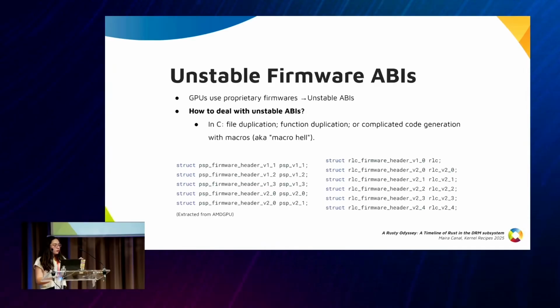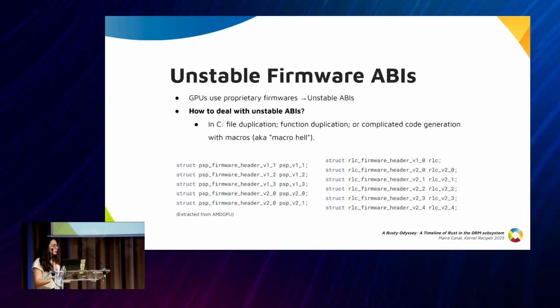You see all these versions change the struct very little between versions. And of course, this also means that we have one function to deal with each one of those versions. So you have pretty similar functions, mostly identical, changing one thing or two, and you're just repeating the same code over and over.